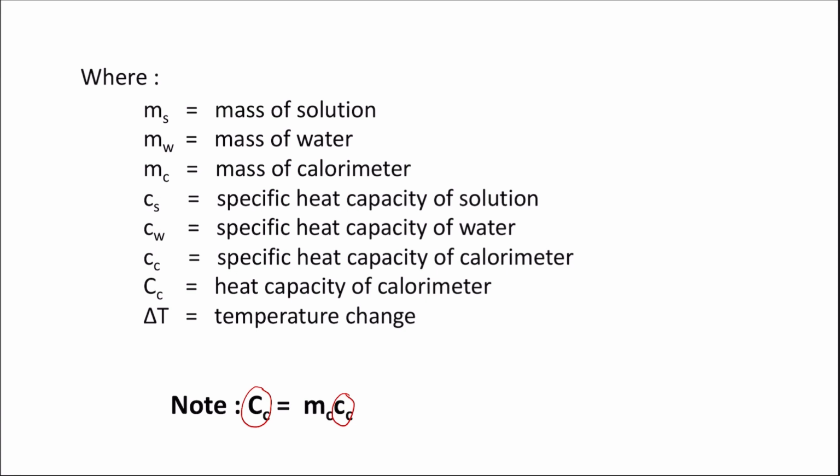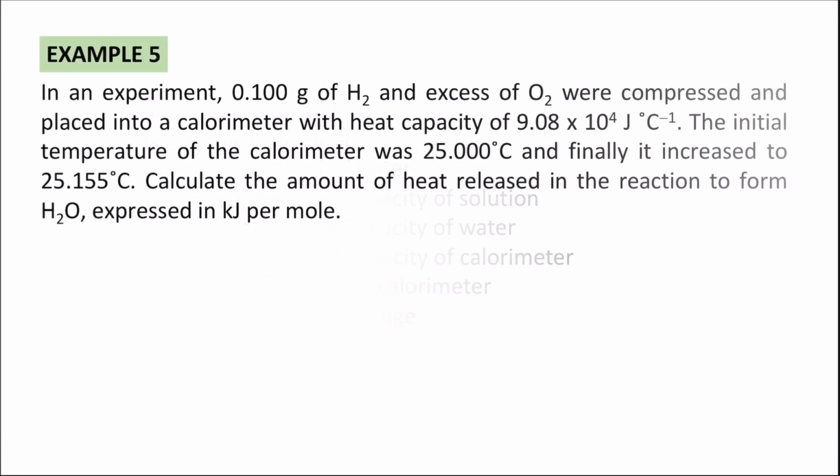So bagi topik kali ni, dia lebih faham dengan mendalam apabila awak try jawab soalan. So mari kita try a few examples so that we can understand dan familiar dengan style of question. Let's try example 5. In experiment, 0.10 gram of H2 dan excess oxygen were compressed into calorimeter dengan heat capacity sebanyak this value.